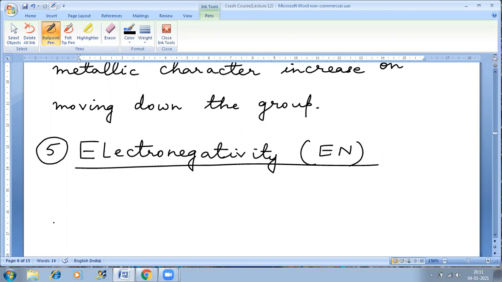That means when a bond is formed between two atoms, inside that bond there are electrons present. Towards which atom are the electrons more close? That is called electronegativity.